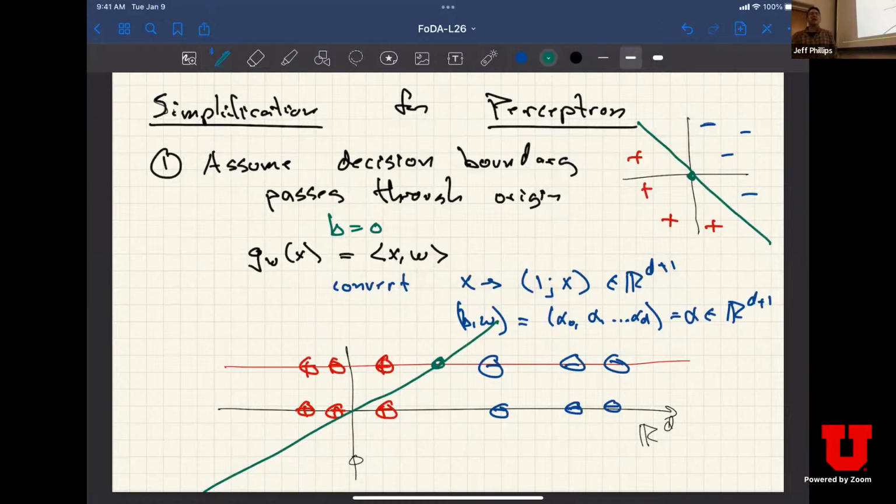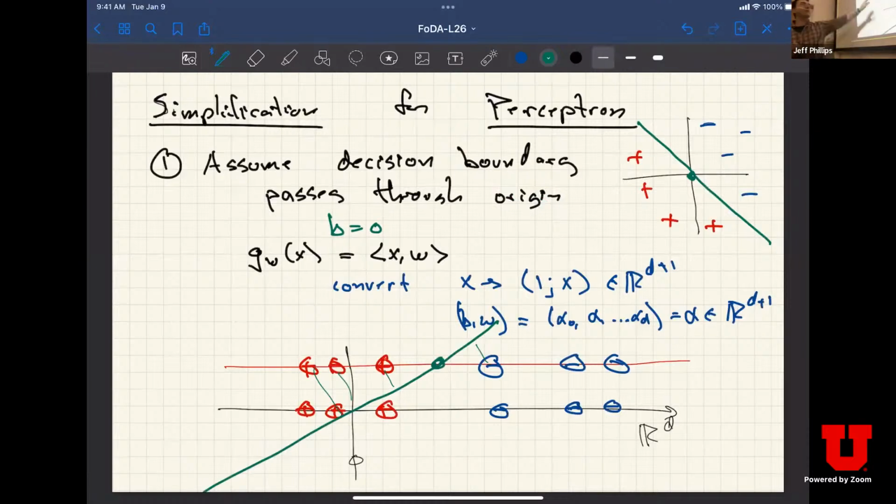This has slightly changed the geometry of the problem. Now I'm measuring the distance to how well the classifier is at this small angle. So it's a little bit different, but it is basically the same problem. People will do this transformation all the time and not really worry about it.